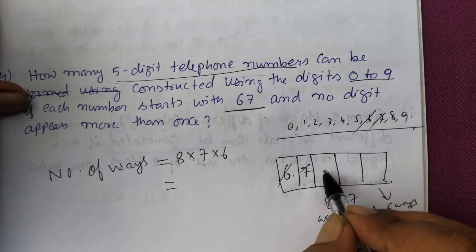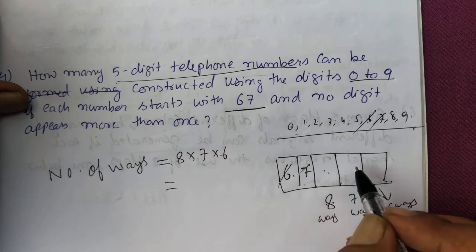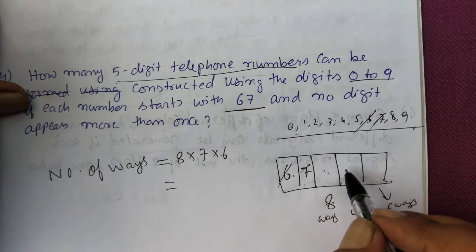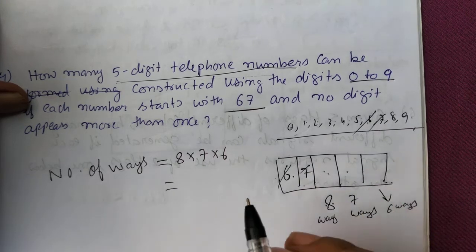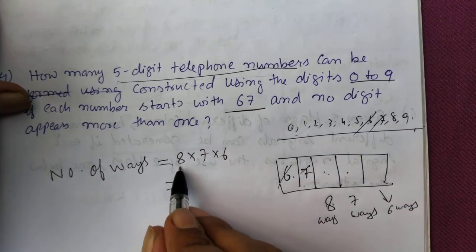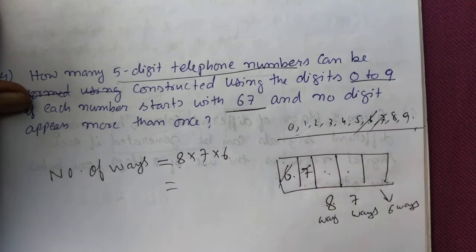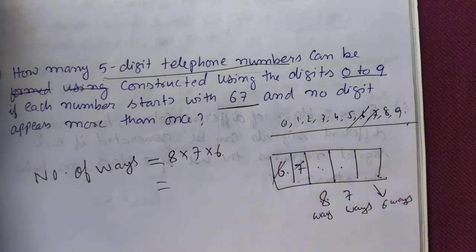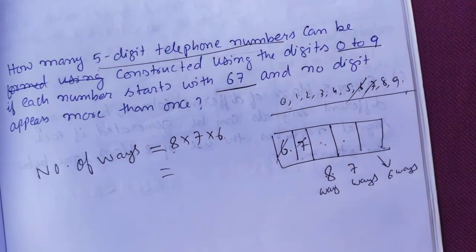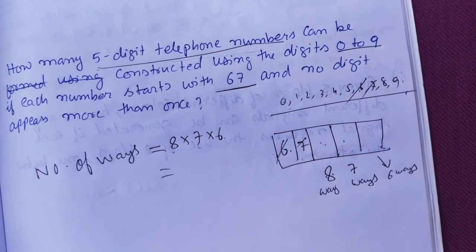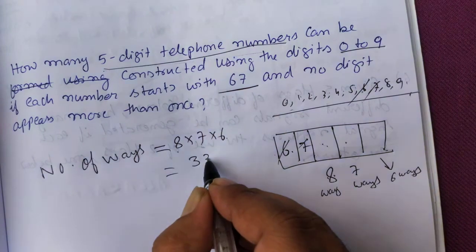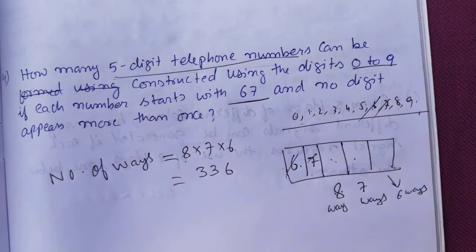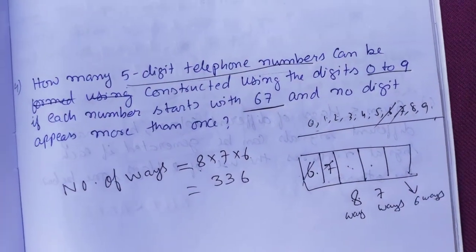If I use any one of them, only 7 digits are left. Out of 7, if I use any one, only 6 digits are left. So the number of ways will be 8 into 7 into 6. Multiply: 8 into 7 into 6 is 336. That's your answer.